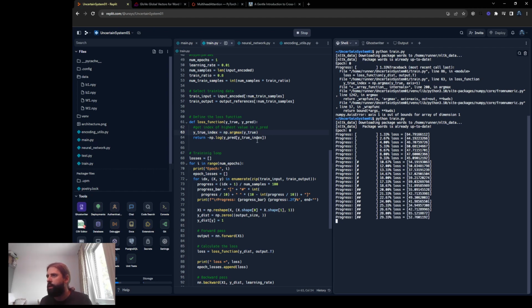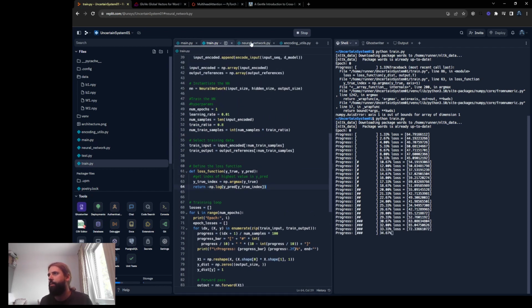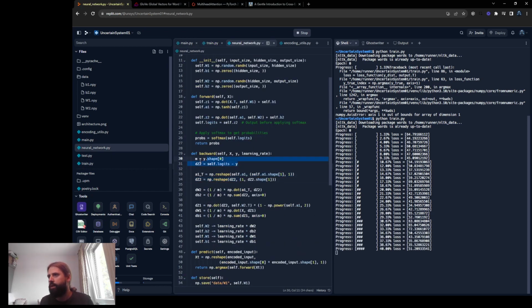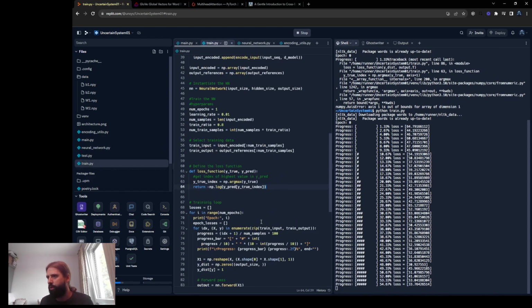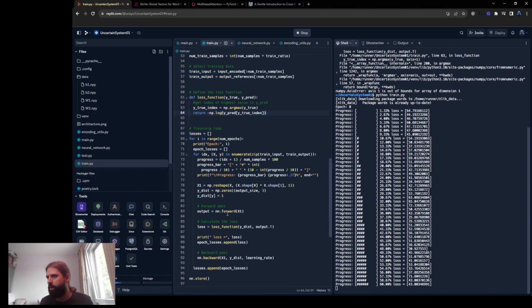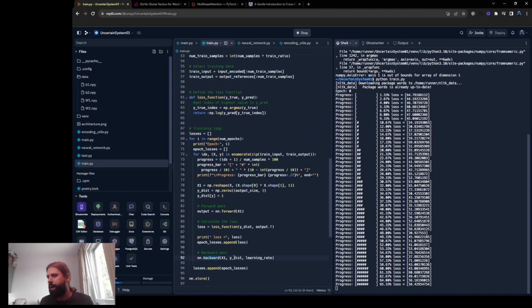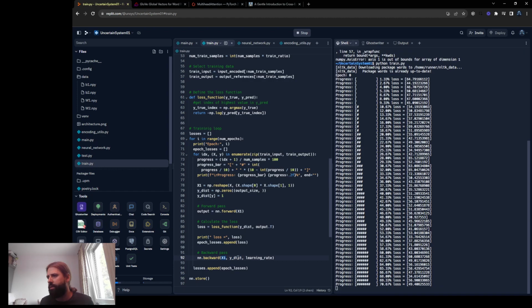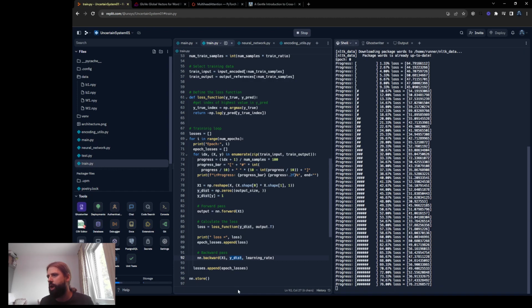So the challenge now is to adapt that part here, because this is what seems to be wrong. In the backward pass, we're passing it the x1 and the y distribution, which is the ideal value, and that's not what we should be passing it, I guess.